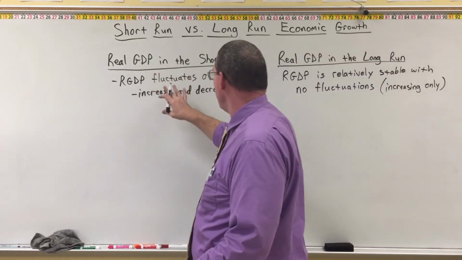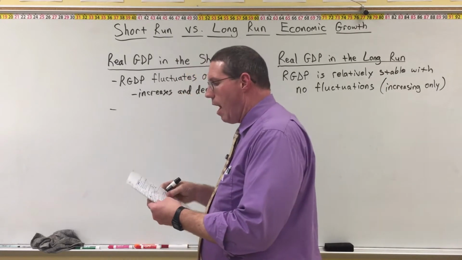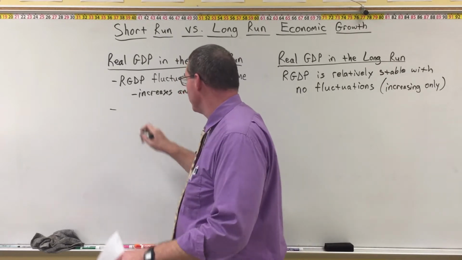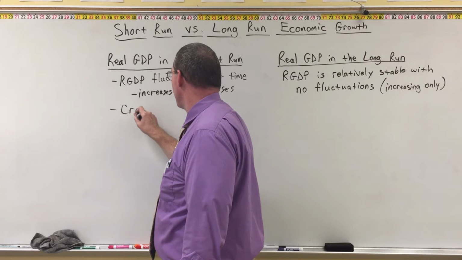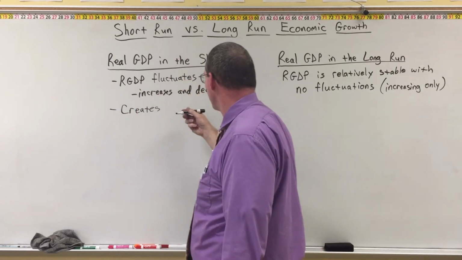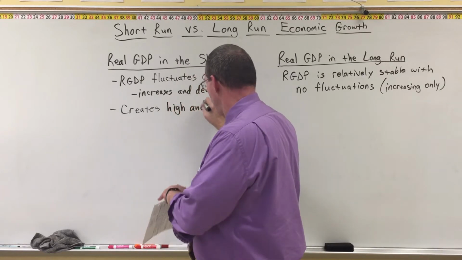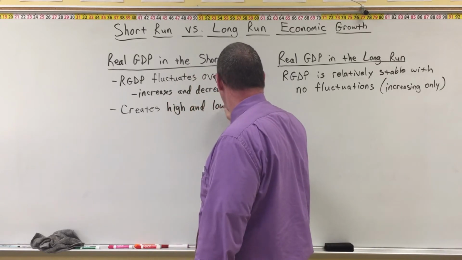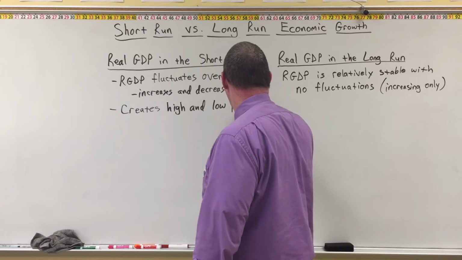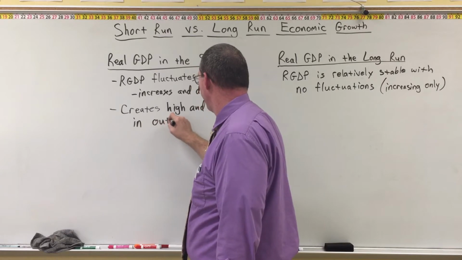Now, because real GDP fluctuates over time in the short run, it creates high and low points in real GDP. So this pattern of real GDP fluctuating in the short run creates high and low points in output.